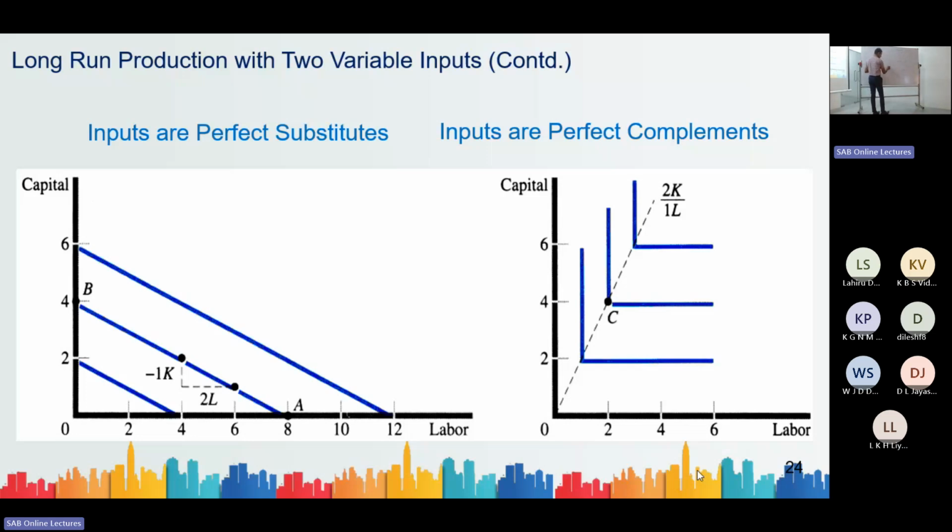So let's say we move from this point to this point, from point A to B. When moving from point A to B, imported potato declines by 1 kilogram and local potato increases by 1 kilogram. So what is the slope? Minus 1 divided by plus 1, so the slope is minus 1. For the second isoquant, again the slope is minus 1.